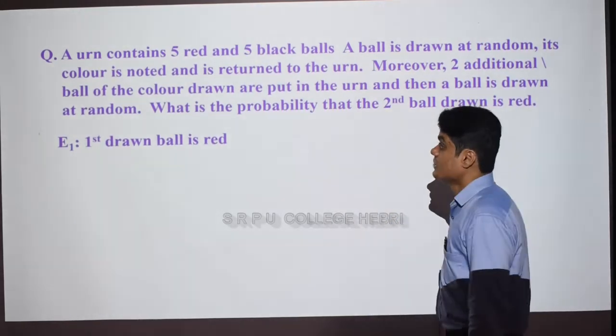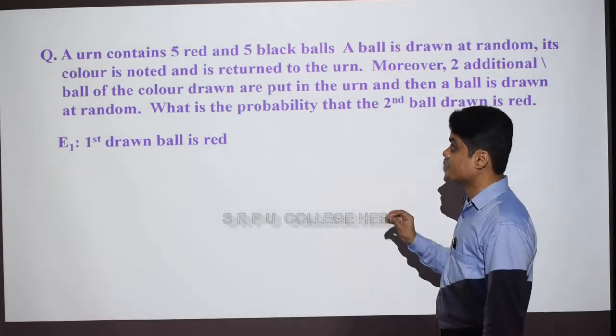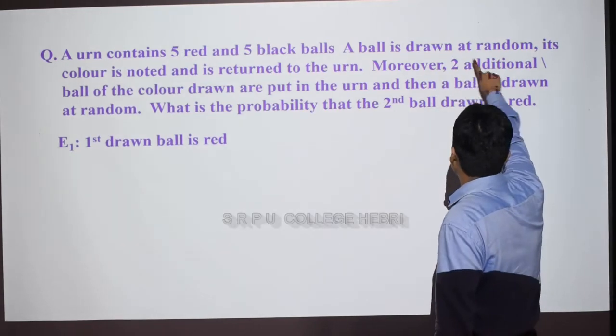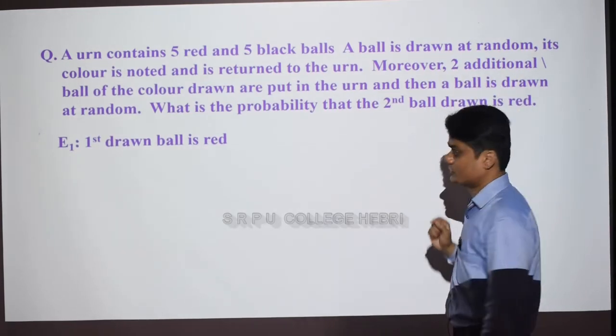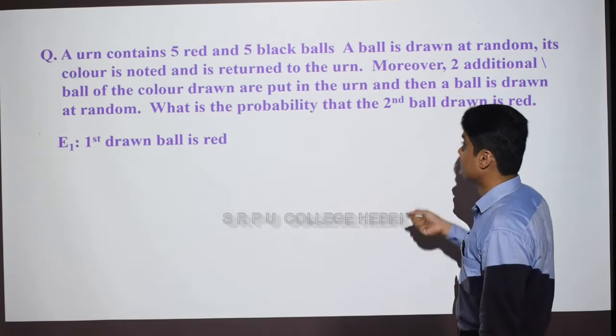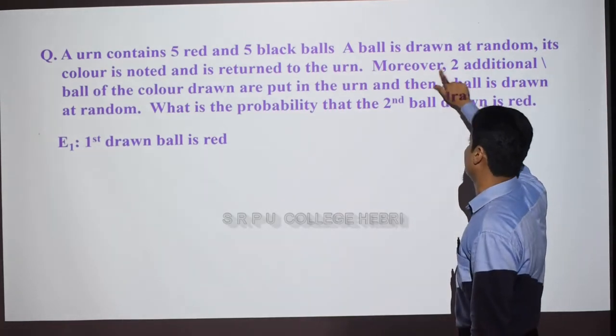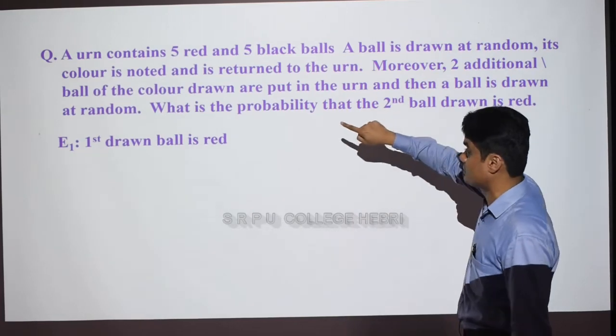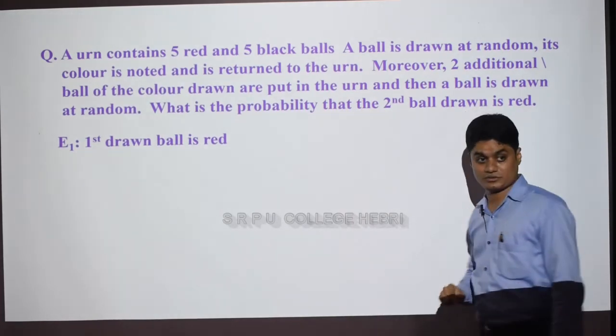Observe. An urn, that is a box, contains 5 red and 5 black balls. A ball is drawn at random. Its color is noted and it is returned to the same box. Moreover, two additional balls of the same color are put in the box after selecting.